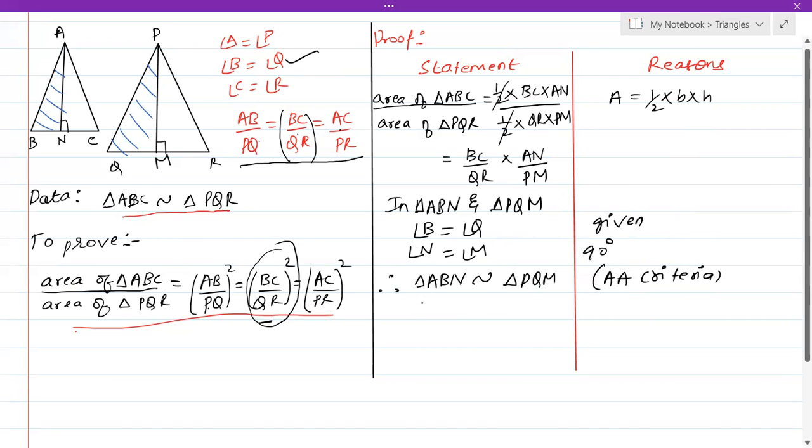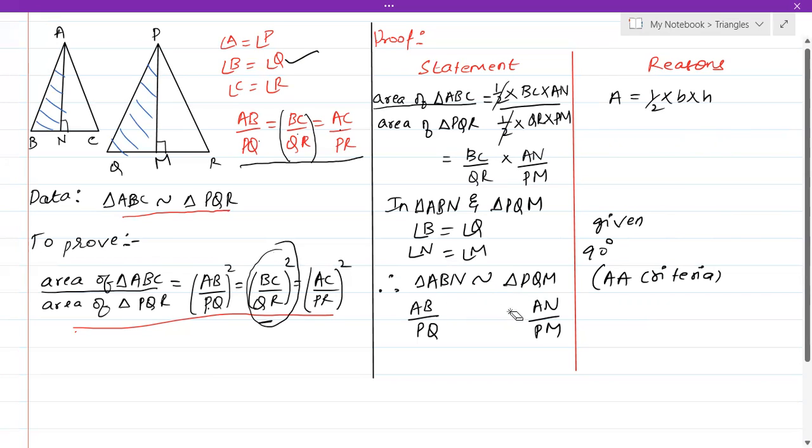If two triangles are similar, we can also write this, isn't it? Corresponding sides are in proportion. That is, AB by PQ will be equal to BN by QM, which will be equal to AN by PM. Let's take this middle part out, we don't need it.